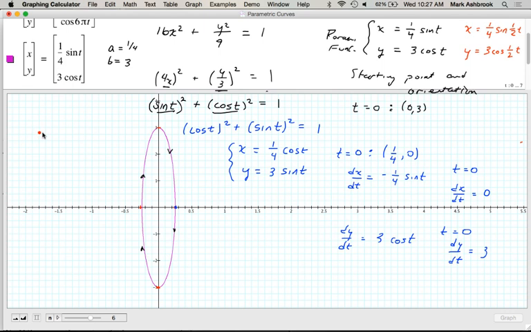What about this? You might not think of this. So here, I could say negative cosine t, positive sine t. Does that give me the same thing?